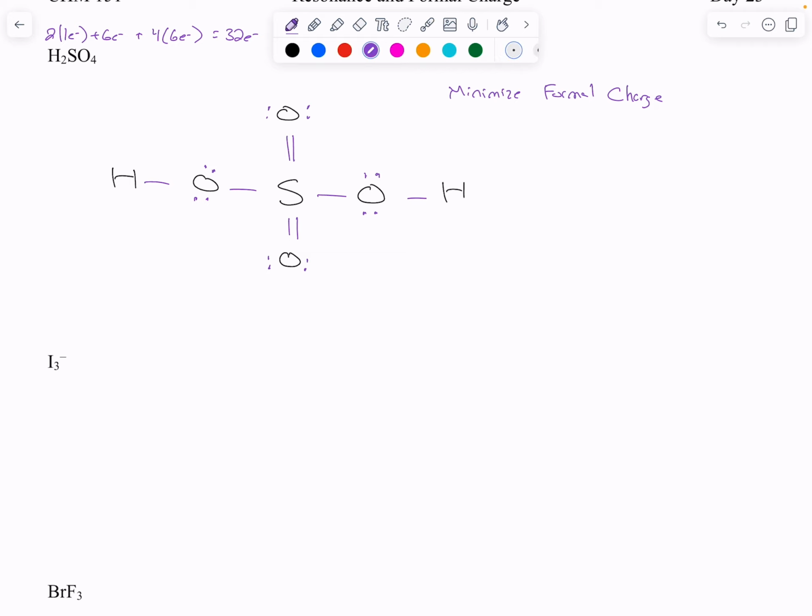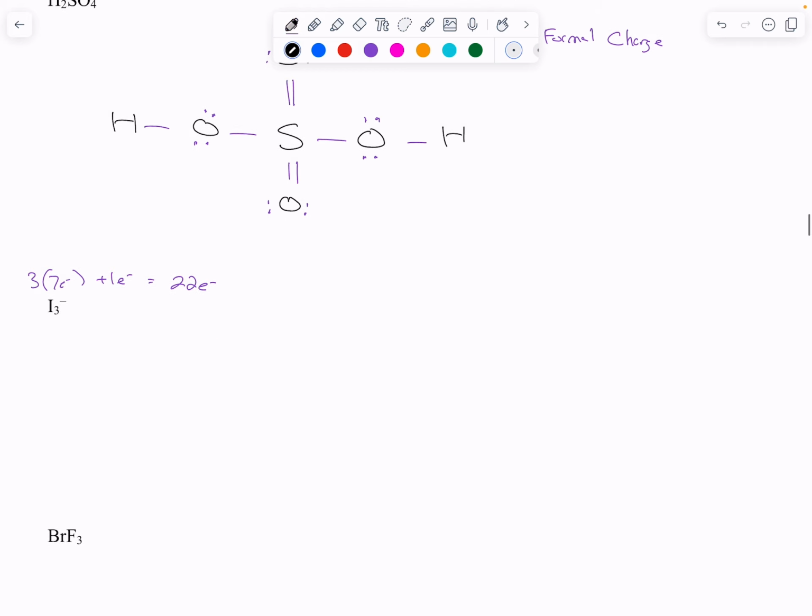I3 minus. Let's see what you got. 7 electrons, there are 3 of them, plus 1, which should be 22 electrons. Let's try it in a line. 2, 4, 6, 8, 10, 12, 14, 16, 18, 20, 22.